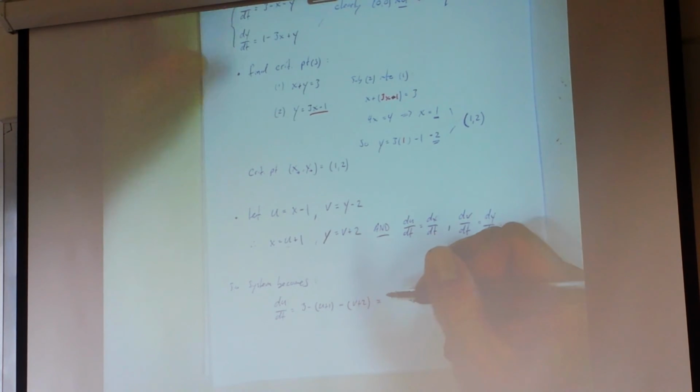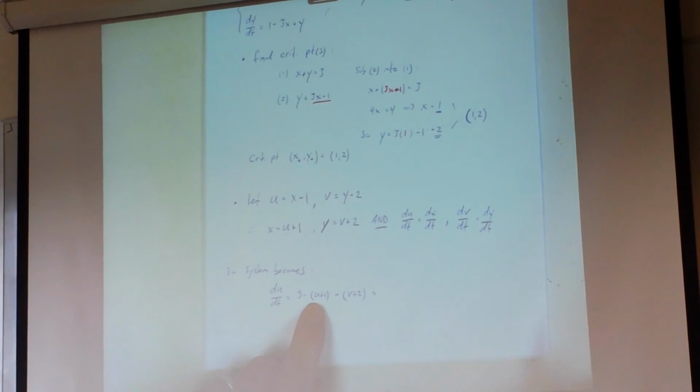Let's simplify this. Distribute that minus: I'm going to have a minus u, minus v, and look at these constants. I'm going to have a 3 minus 1, that's 2, minus a 2, those knock out. So I get negative u minus v.